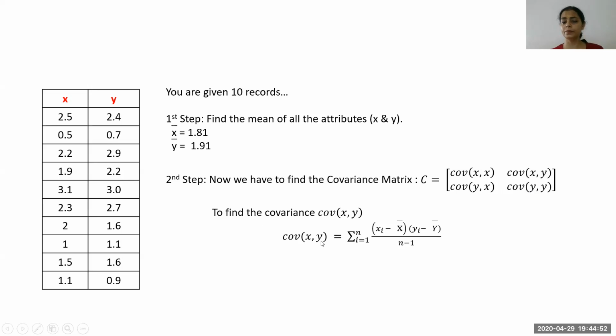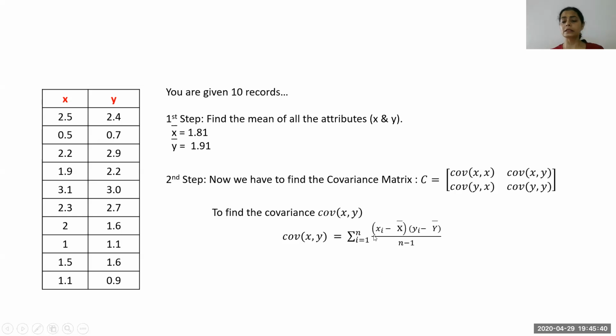This is the general formula: the covariance of x and y is the sum of the product of (xi minus x bar), where xi is each of the data values of x, for example 2.5 minus the mean of x, that is 2.5 minus 1.81, into (yi minus y bar), that is 2.4 minus 1.91. We summate this over all values of i ranging from 1 to n, that is 1 to 10.